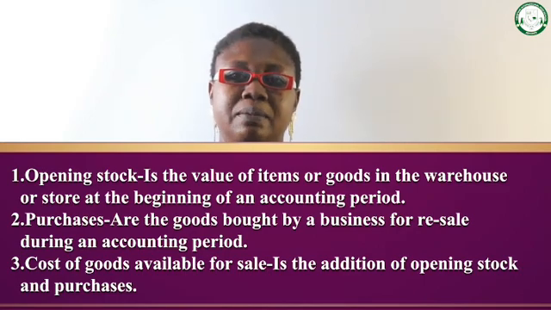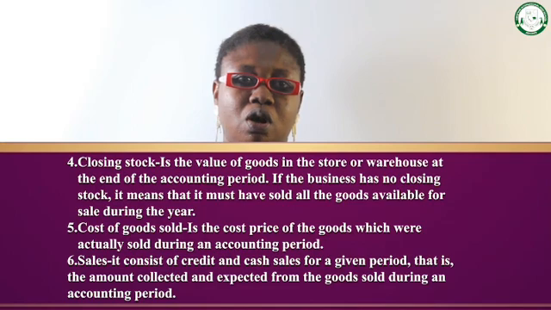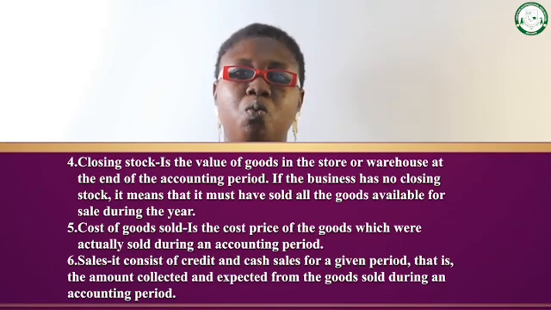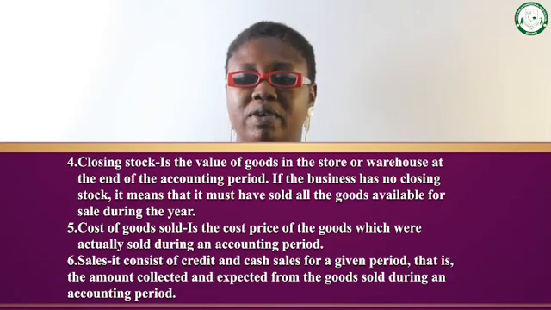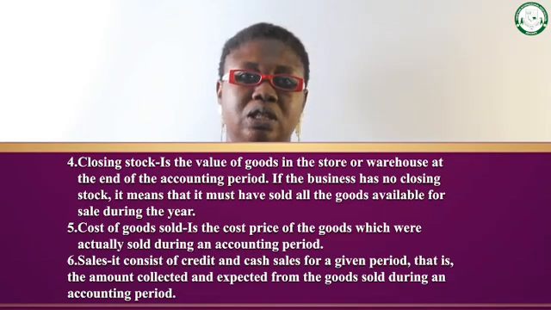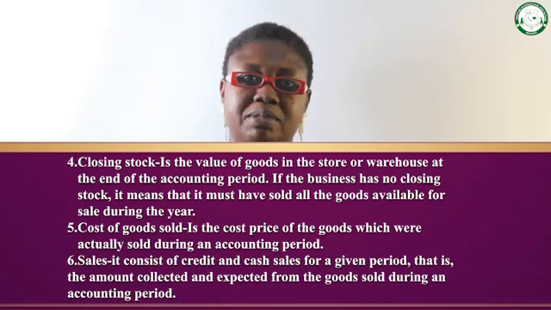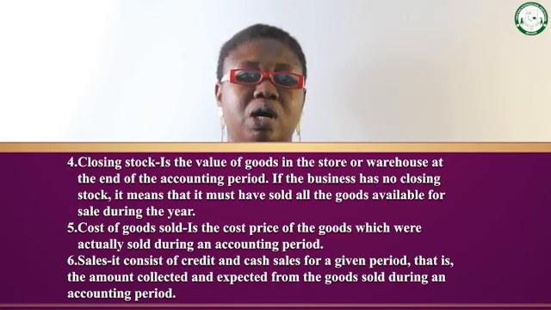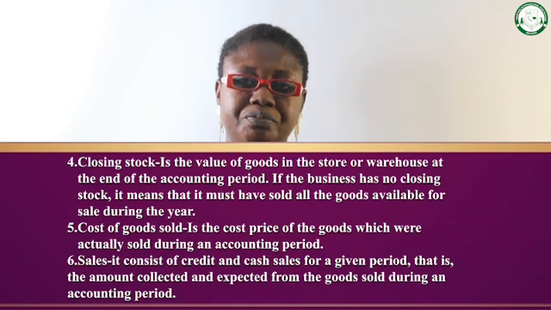Then the next term is closing stock. Closing stock is the value of goods in a store or warehouse at the end of an accounting period. The stock of goods kept in the store or warehouse at the end of an accounting period is what we refer to as closing stock.